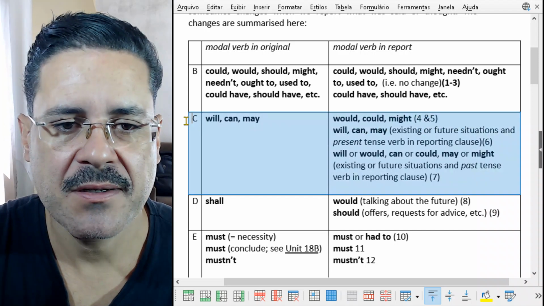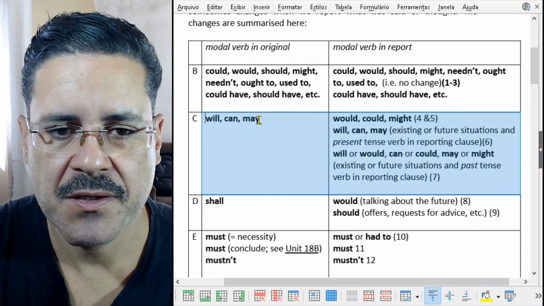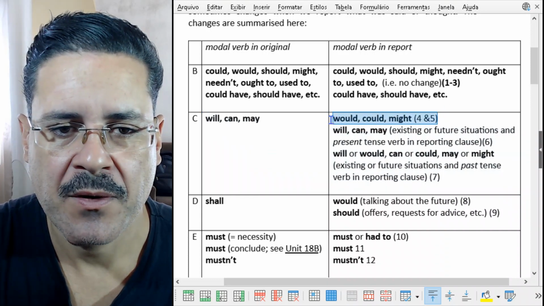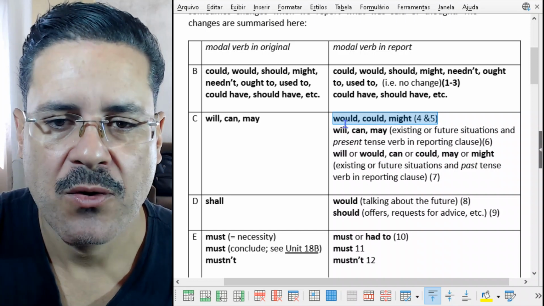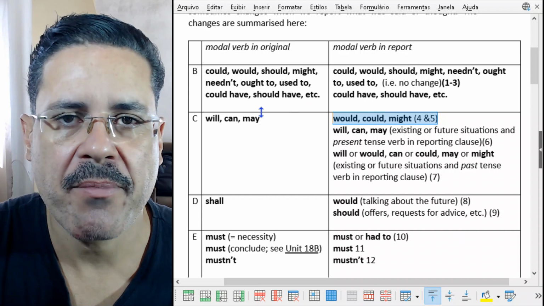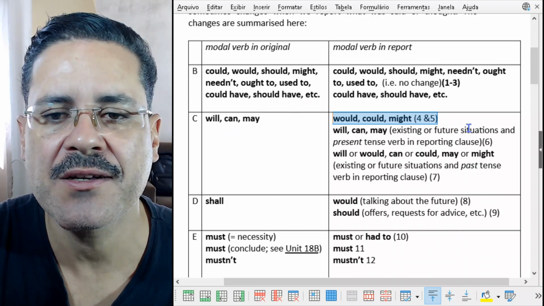That first example, notice that there's a slight change here. For will, can, and may, we use would for will, could for can, and might for may. Let's see examples 4 and 5.